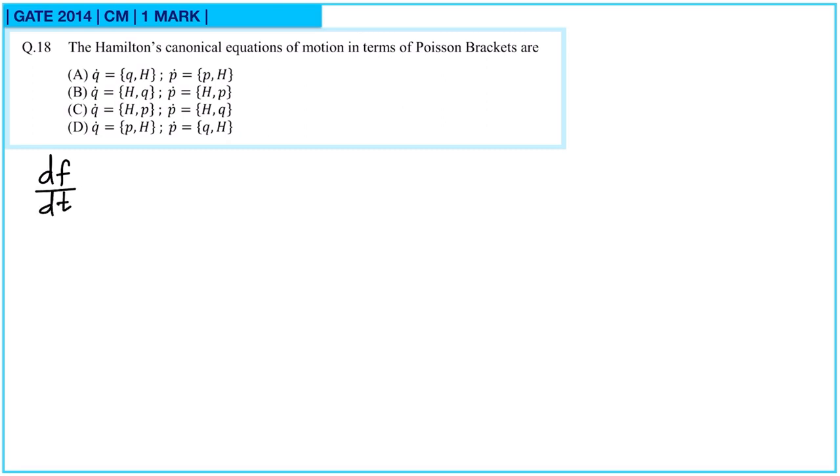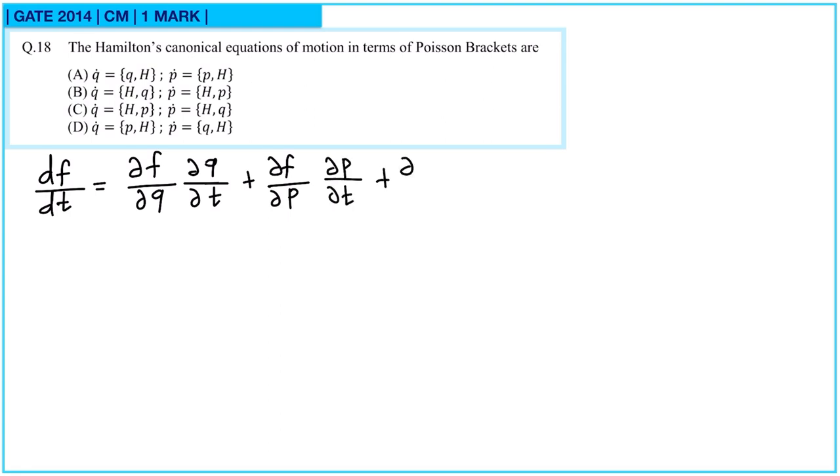So df by dt is equal to dou f by dou q into dq by dt plus dou f by dou p into dp by dt plus dou f by dou t, where these are partial differentiations.